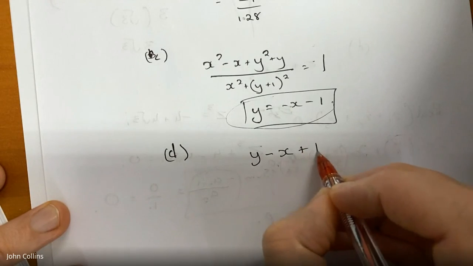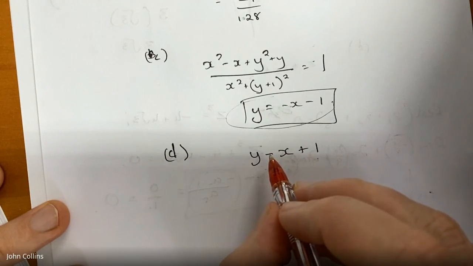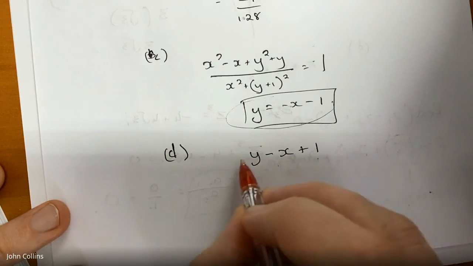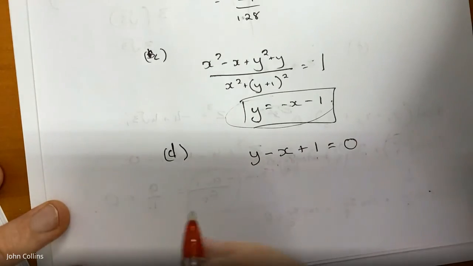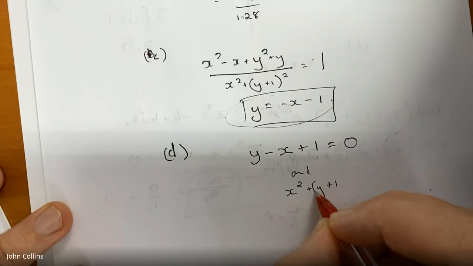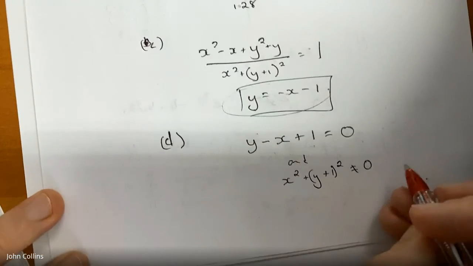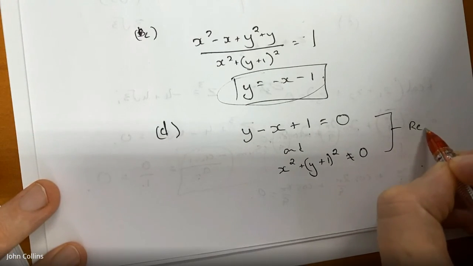So this is the numerator of the imaginary part. If that equals 0 and the bottom part doesn't equal 0, that is, x squared plus (y plus 1) squared does not equal 0, then those are the conditions for it to be purely real, isn't it?